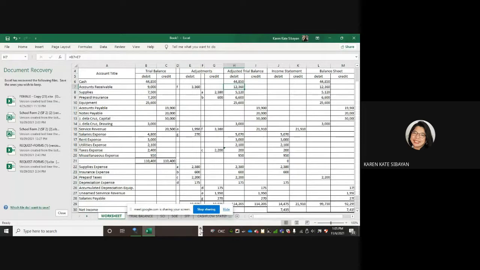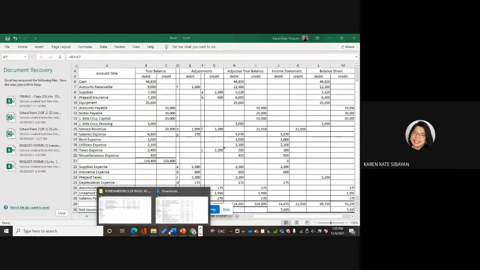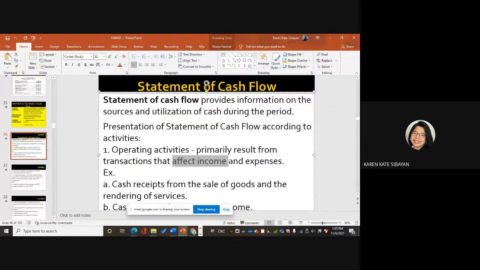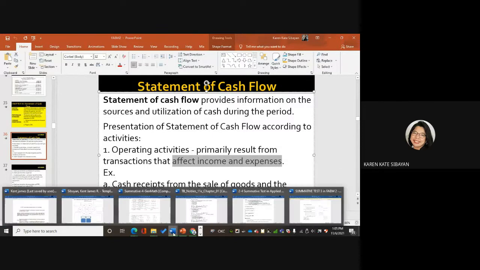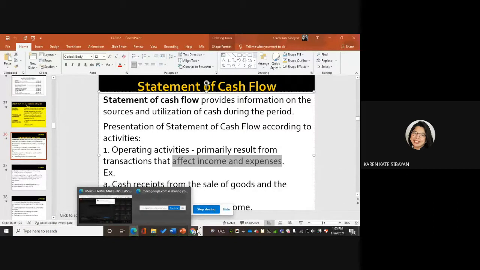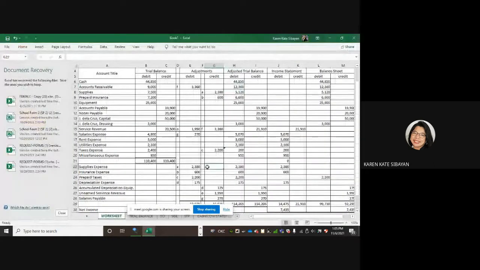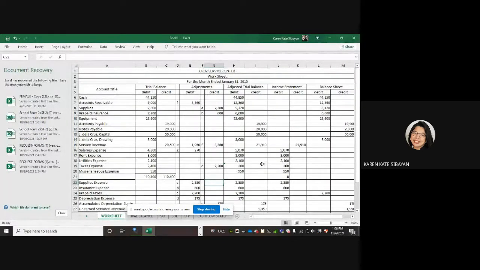I said earlier that for the operating activities, the concern is what? Income and expenses. So, take note, where in your working paper is the concern income and expenses? So, where are we going to look, class?